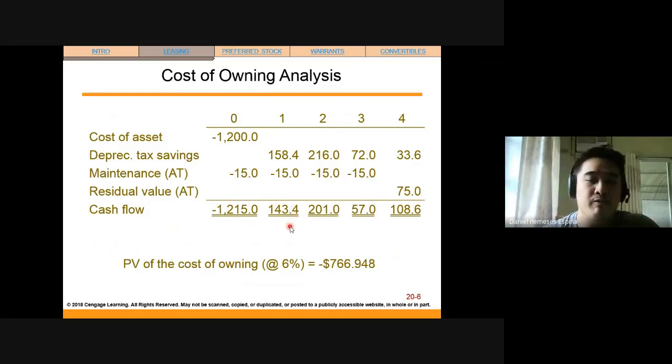So 143.4, multiply it by 1.06 raised to negative 1. For year 2, negative 2, negative 3, and negative 4. So in total the present value is 766.948, or we can round it off to 766.95. It's a negative because it's a cost, right? This is a cash outflow.